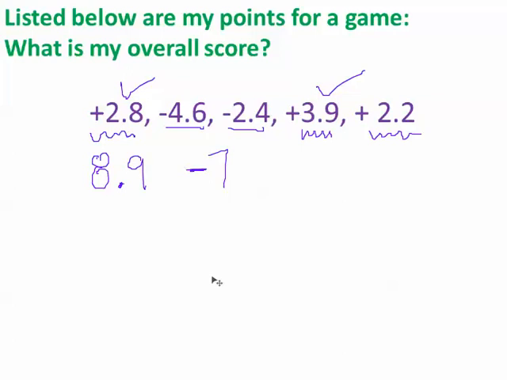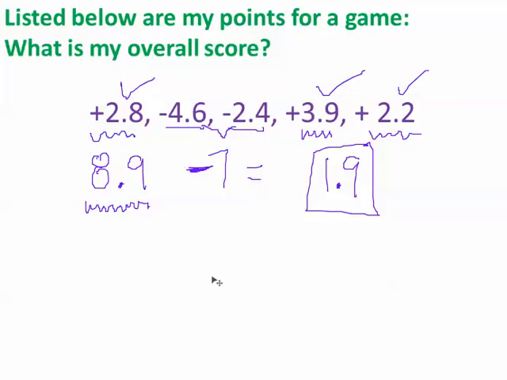There's 2 different signs, so I know I subtract. When I subtract, I get 1.9. I look back at my problem and notice that the bigger number is positive, and therefore my answer is going to be positive. So the real trick here is if you have a whole stack of numbers you want to deal with, it's usually easier to add the negatives together, get a negative, add the positives together, get a positive, and subtract one time at the end.